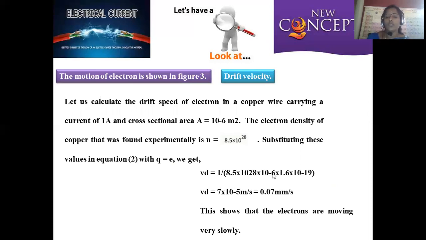Now, Vd is equal to, after calculating, it simplifies to 0.07 mm per second, millimeters per second. So this will be the drift speed if all the parameters are well known to us.